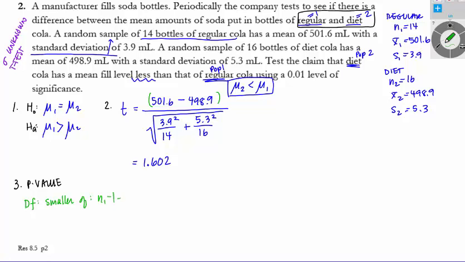N1 minus 1 is 13, that's the first sample size minus 1, and N2 minus 1 is 15, 16 minus 1, so 13 wins. 13 is our degrees of freedom. Our t-score was 1.602, so we'll look across the 13 degrees of freedom row and find where 1.602 would belong in the table.